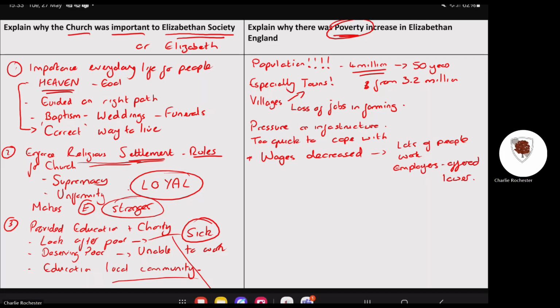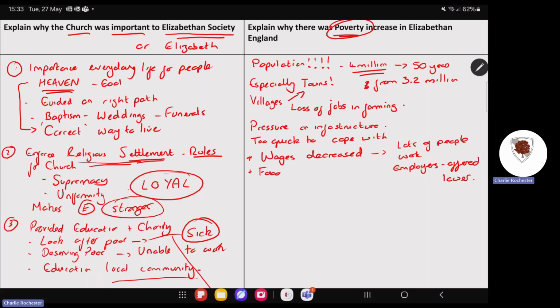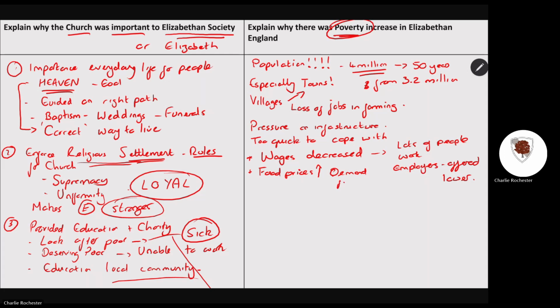Food prices also increased because of the demand for food. And because harvest was poor, harvest was bad, it meant food prices had to go up, which meant people could not afford their food, which as a result led to extreme poverty.